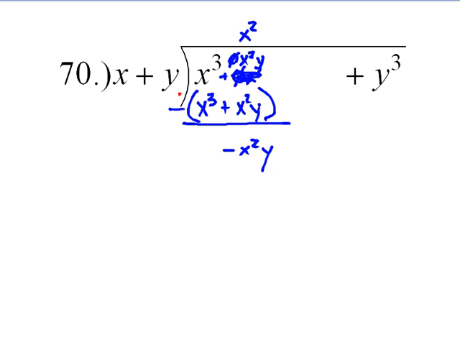Okay, now what do we need to multiply x by in order to get x squared y? Negative xy. So put negative xy. This is a little more complicated. So we'll put here plus 0 xy. We're filling in those blanks as we go.